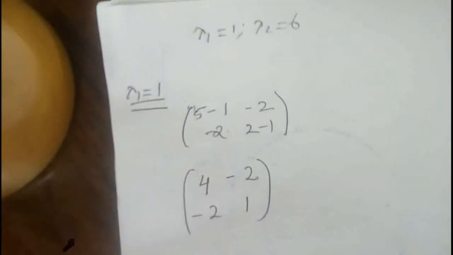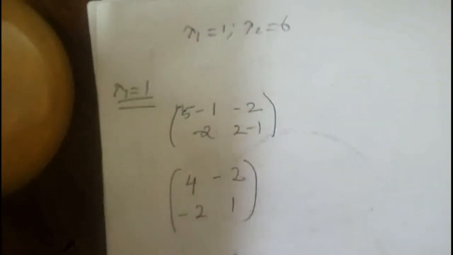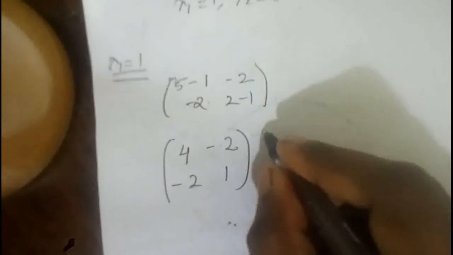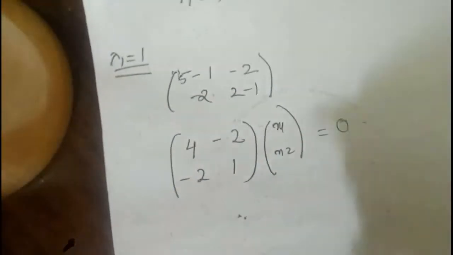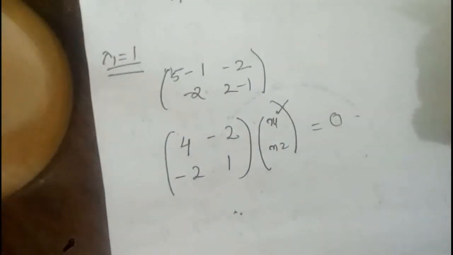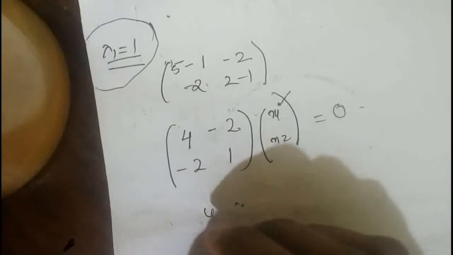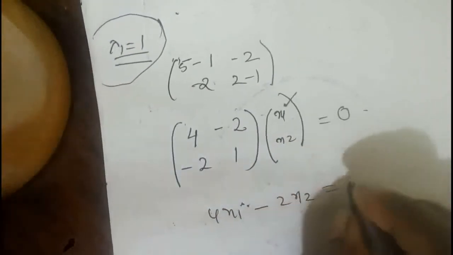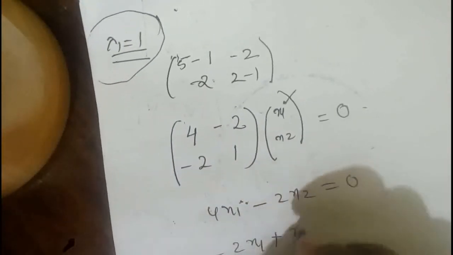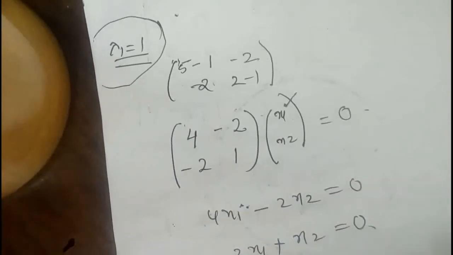So our matrix is 4, minus 2, minus 2, 1, and we write the variables x1, x2 equal to 0. Next we need to find x1 and x2, which is the eigenvector corresponding to lambda 1 equal to 1. So 4x1 minus 2x2 equal to 0, minus 2x1 plus x2 equal to 0.